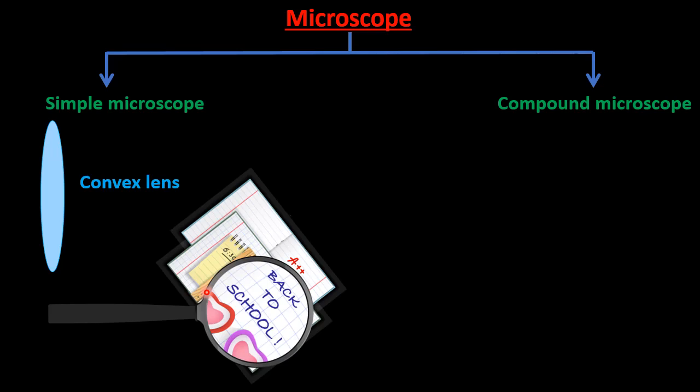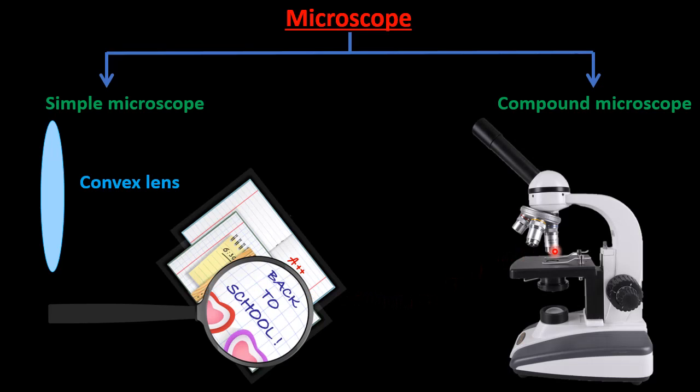And another kind of microscope is compound microscope. So this is a compound microscope. Here two lenses are used to view an object. Through this lens, we have to see an object, and this lens is near to our eye, so it is called the eyepiece.